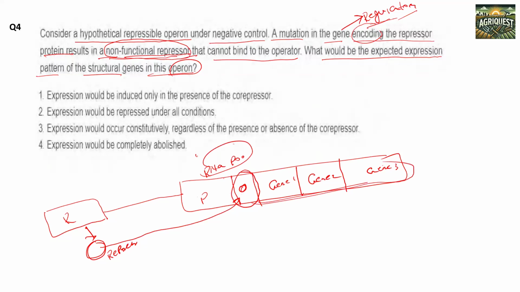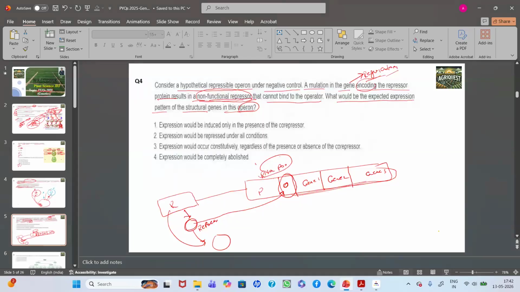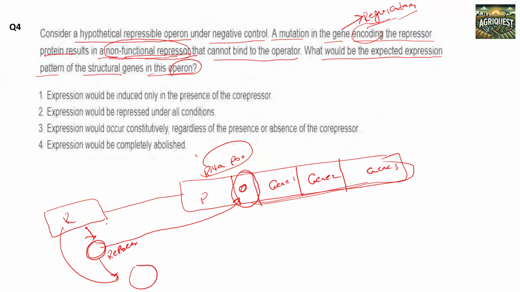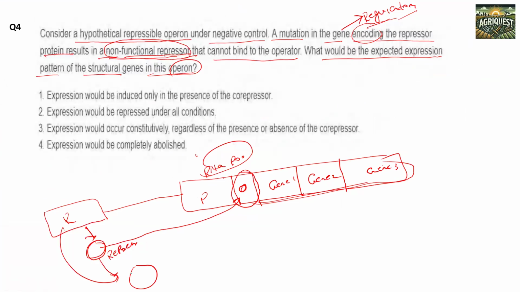But if the repressor is non-functional, meaning a non-functional repressor protein is produced, it cannot bind here.